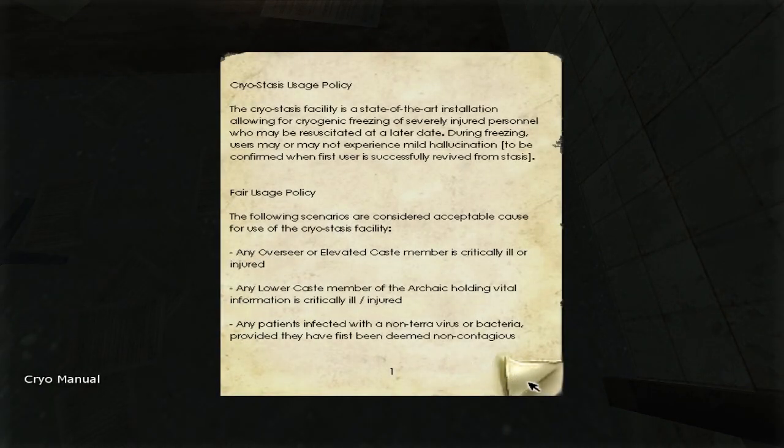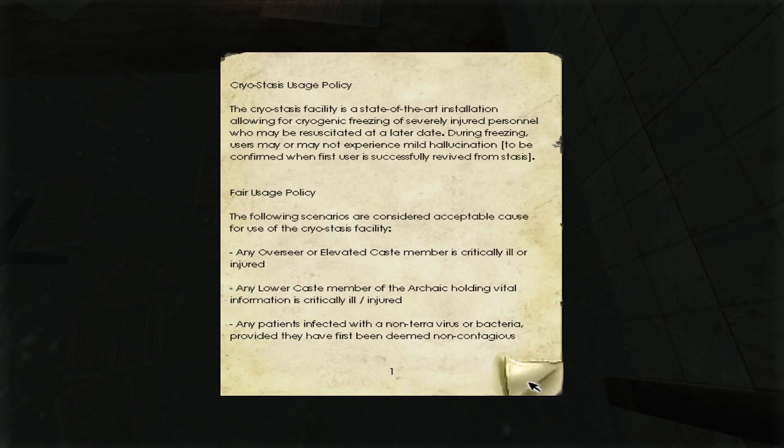Okay, cryostasis usage policy. Cryostasis facility is a state-of-the-art installation, allowing for cryogenic freezing of severely injured personnel who may be resuscitated at a later date. During freezing, users may or may not experience mild hallucinations, to be confirmed when the first user is successfully revived from stasis. Fair usage policy.